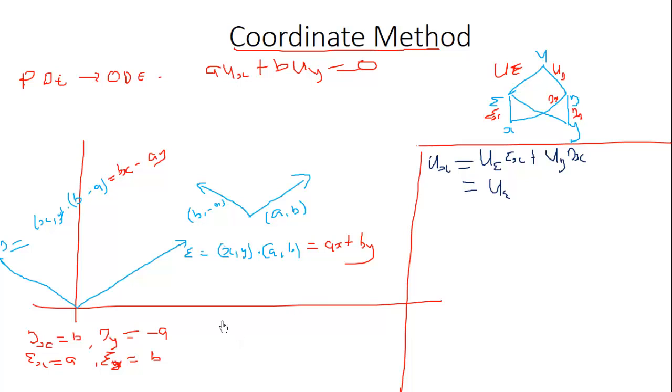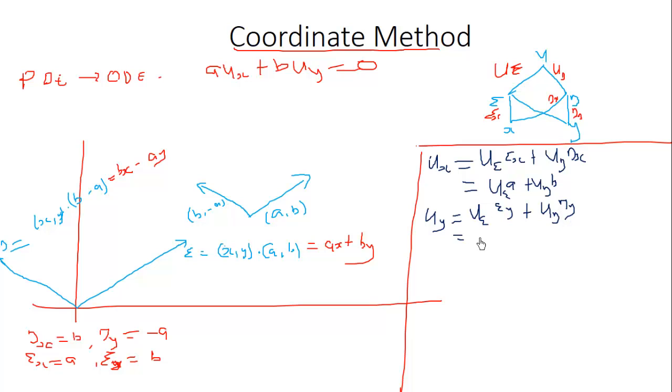Upon simplification, this will give us a, then this will also give us b. Then we have our u y being equal to u zeta zeta y plus u eta eta y.